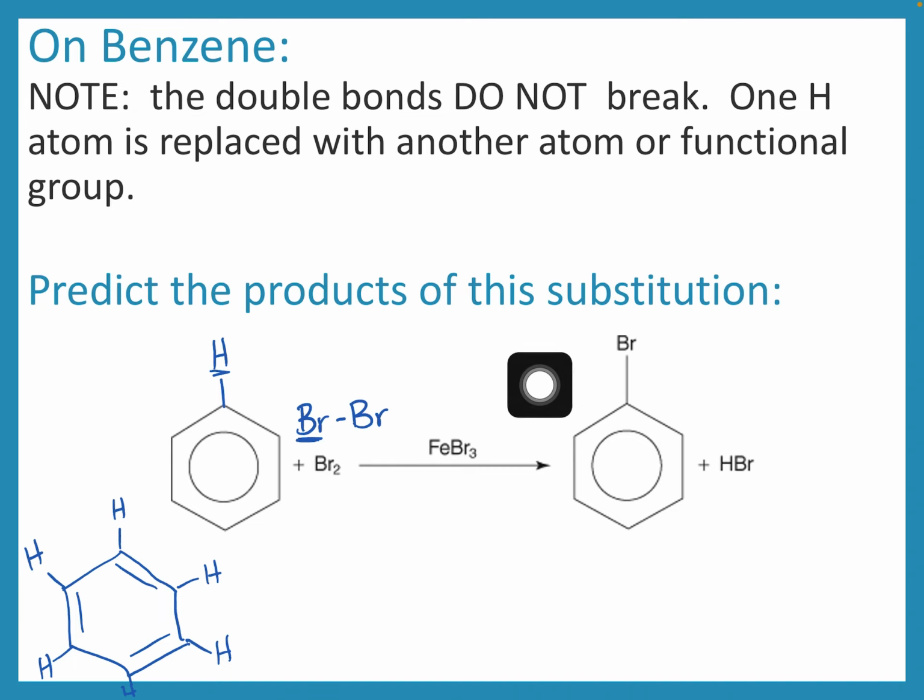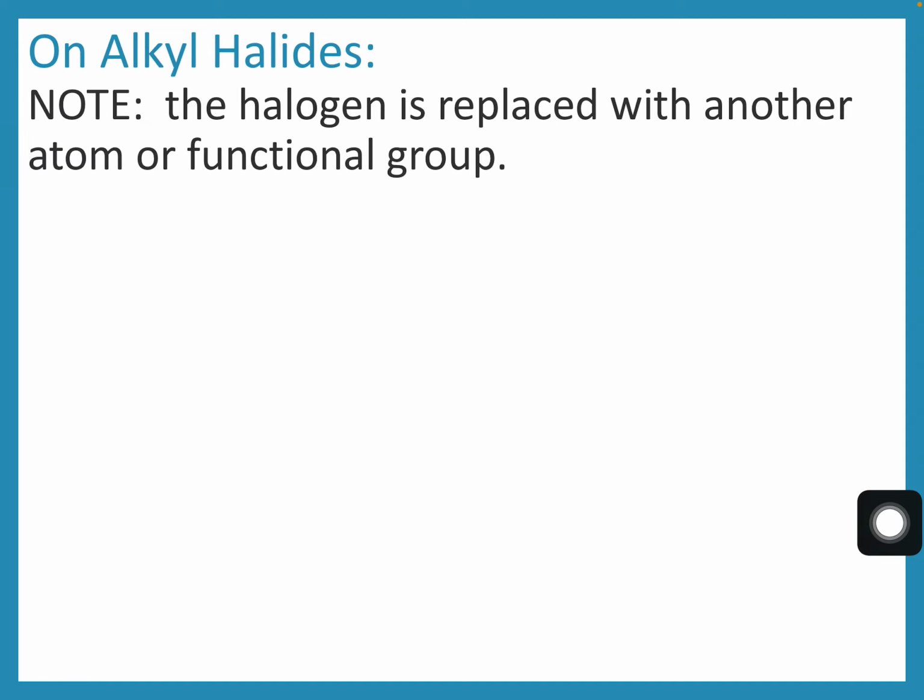One of those bromines is now going to be attached to one of the carbons on the benzene, and the hydrogen that was there is now combined with the other bromine atom. So we have bromobenzene and hydrobromic acid as the products here.